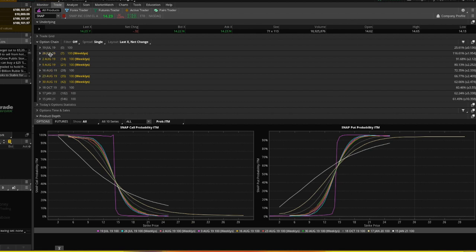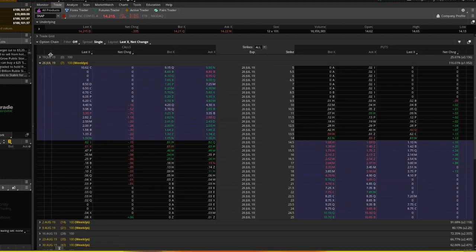say for 26th of July I will open this, and now we think, since Snapchat is trading at $14.20, we think that it will go above $14.50.